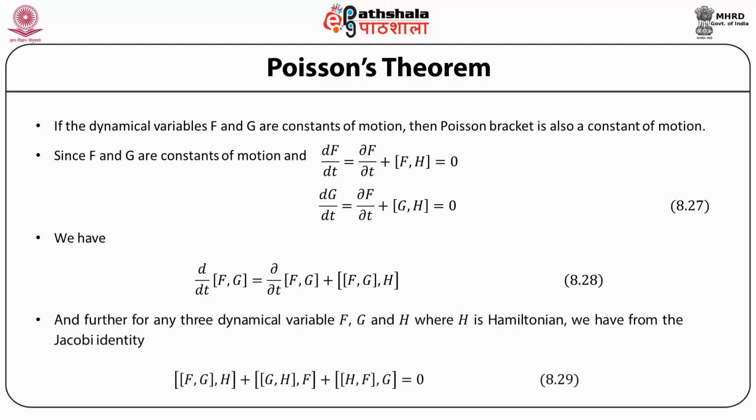And if we have any three dynamical variables f, g and h, where h is the Hamiltonian, then from the Jacobi identity, we obviously have the relation given in equation 8.29.